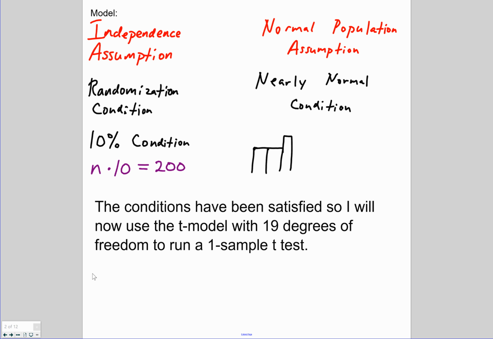All right. Let's write down our sample size, our degrees of freedom, our sample mean, and sample standard deviation. So we have n equals 20. What's our degrees of freedom? 19.